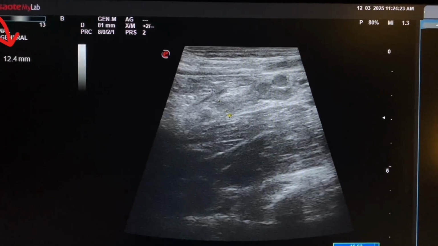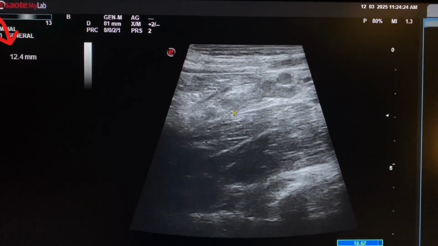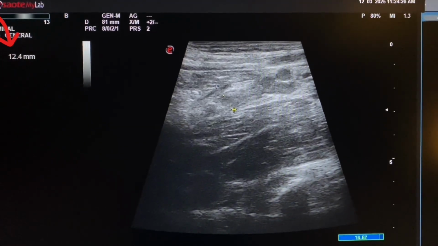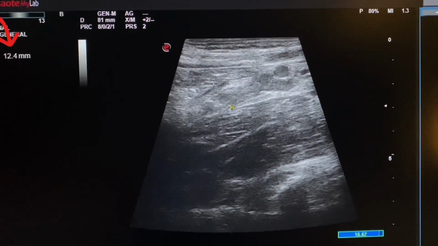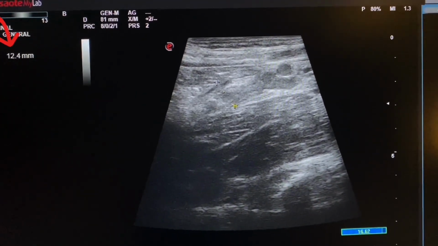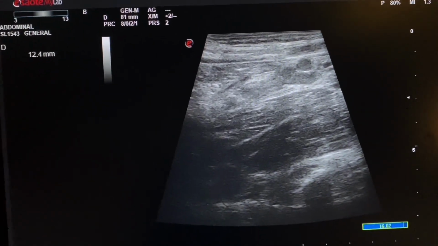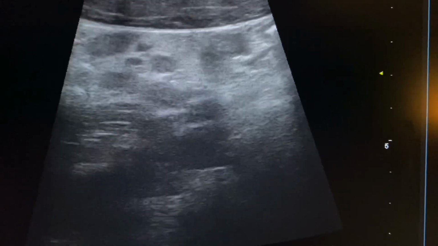The anterior posterior diameter of appendix is 12.4 millimeter. It means the appendix is inflamed and thickened. The normal diameter of appendix is up to 6 millimeter.